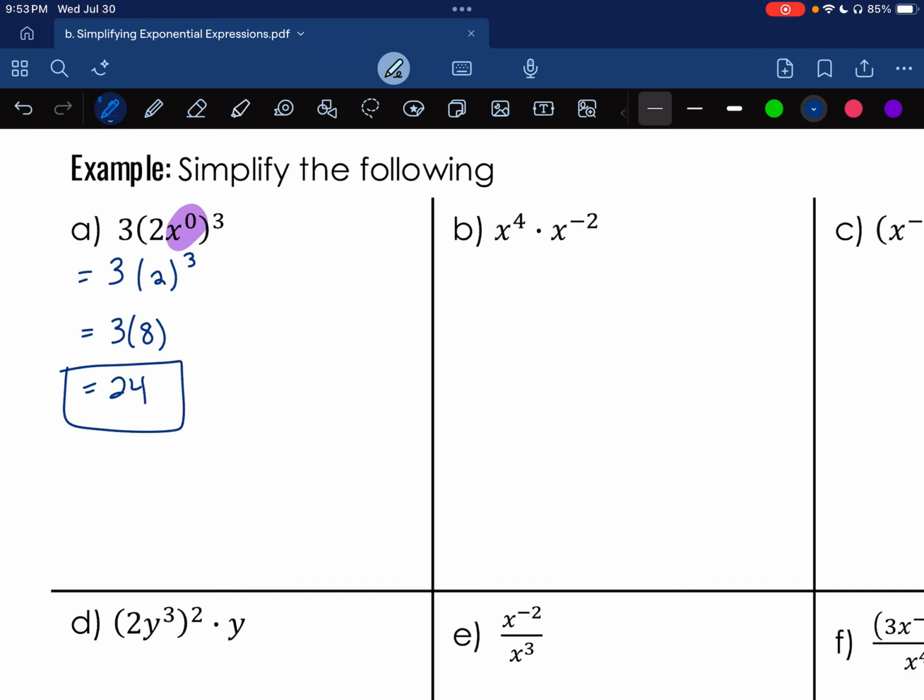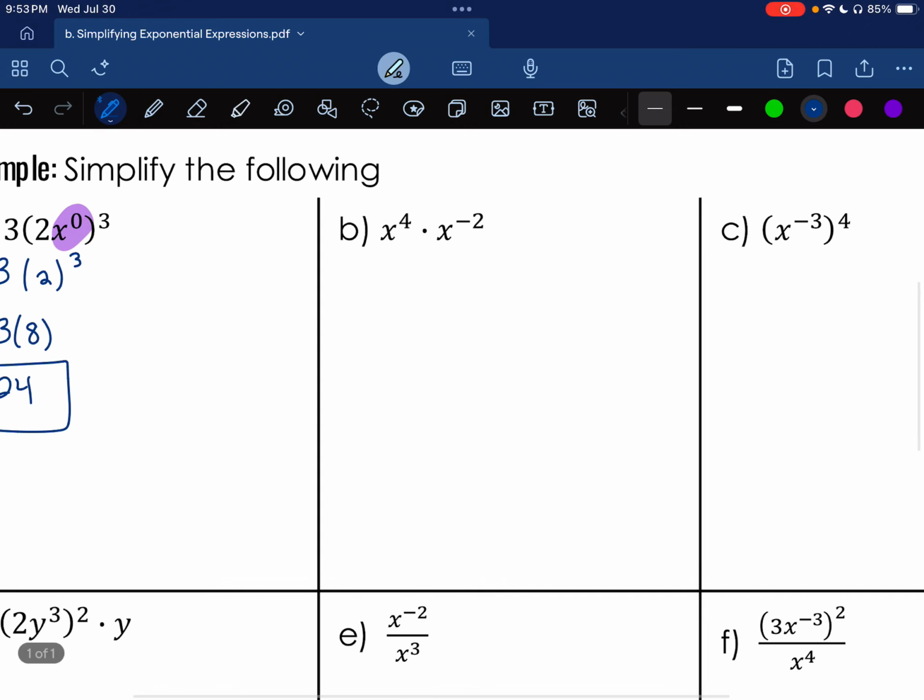All right, we have b, x to the 4th times x to the negative 2. So let's see what's going on here. Because there's a negative, you might be like, oh, first thing I want to do is put it in the denominator using that quotient property. But you could keep going with just thinking about this being a product of powers and combine those exponents as well.